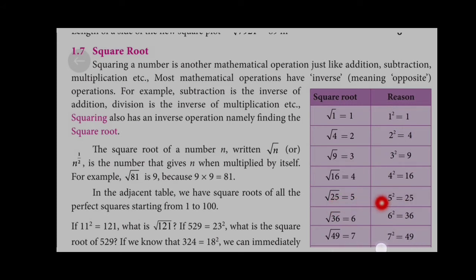If 11 square is equal to 121, what is root of 121? Root of 121 is 11, because 11 elevens are 121. So 11 is the answer. Like that, you take some number and find the perfect square.